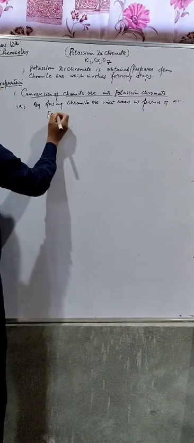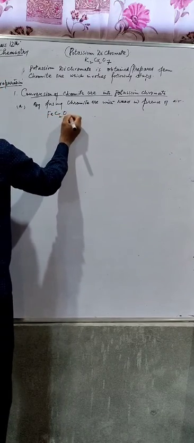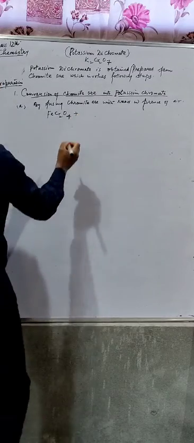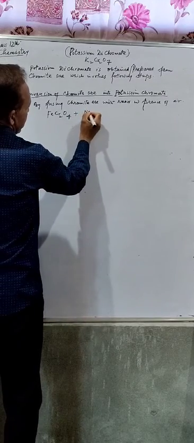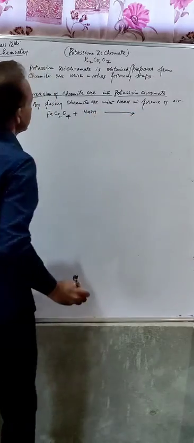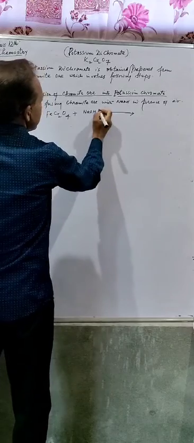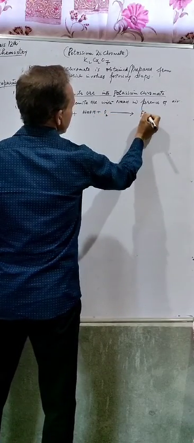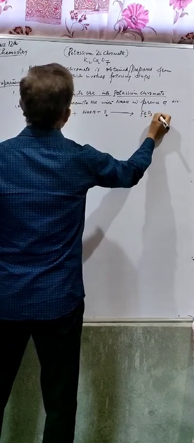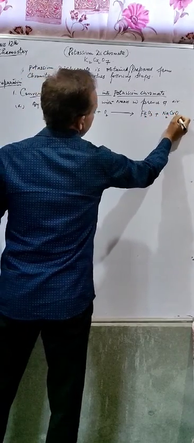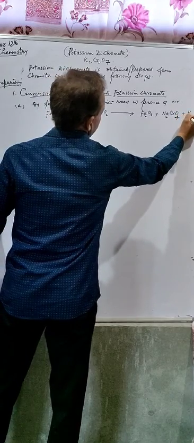FeCr2O4 plus NaOH, in presence of air, forms Fe2O3 plus Na2CrO4 plus water.